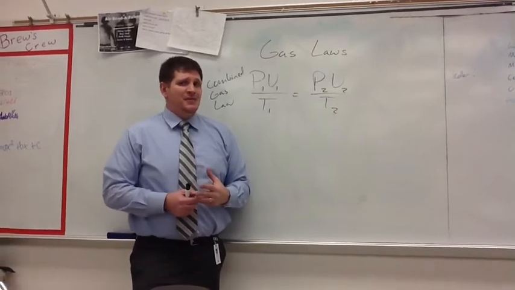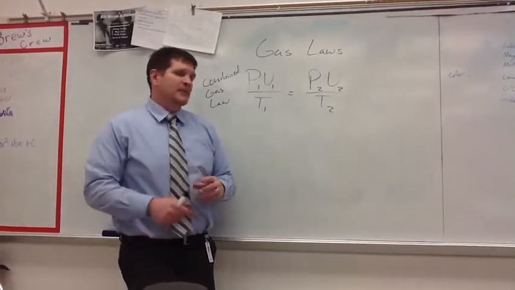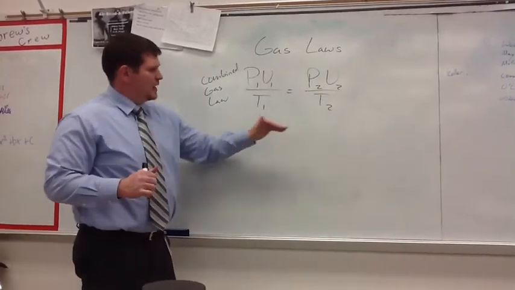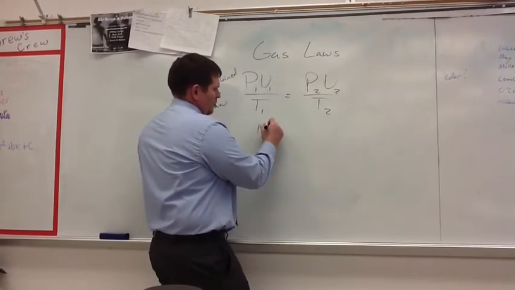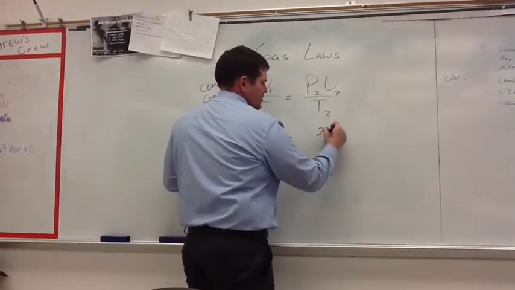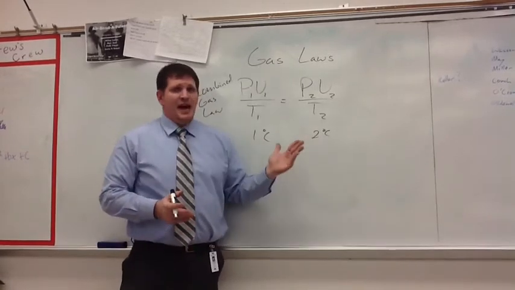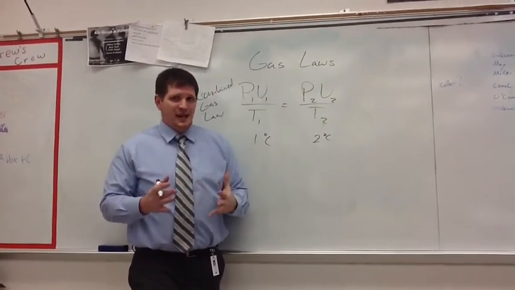Okay, and the reason it has to be in Kelvin is because Kelvin is our absolute scale. So if I show you an example really quick, if I do a ratio and I try to say, well, I have temperature at 1 degree Celsius on this side and 2 degrees Celsius on this side. If I look at that, my temperature has doubled. Okay, so that's what our mindset is there.